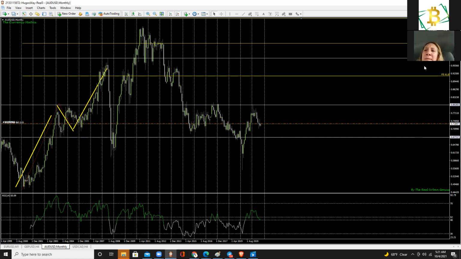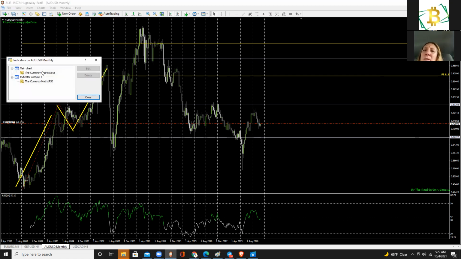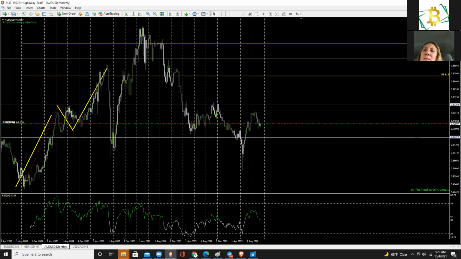Brought us up here to our expansions at the 100, which brought us up to $1.04, and the 61.8, which is at 91.5. From there, as we see it drop down again, this is somewhat of a harmonic pattern.